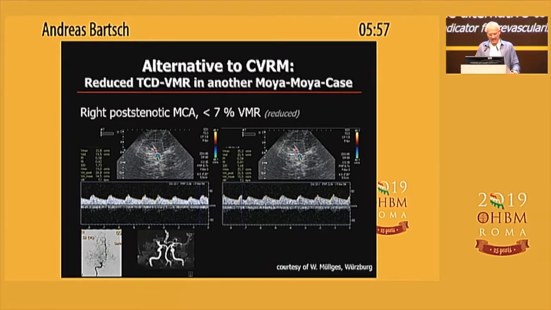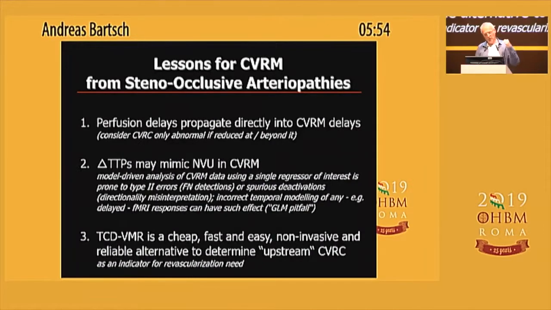So what are the lessons? The lessons are, one, perfusion delays propagate directly into delayed cerebrovascular responses. And you should only consider the cerebrovascular response capacity abnormal if it's reduced or delayed beyond this.